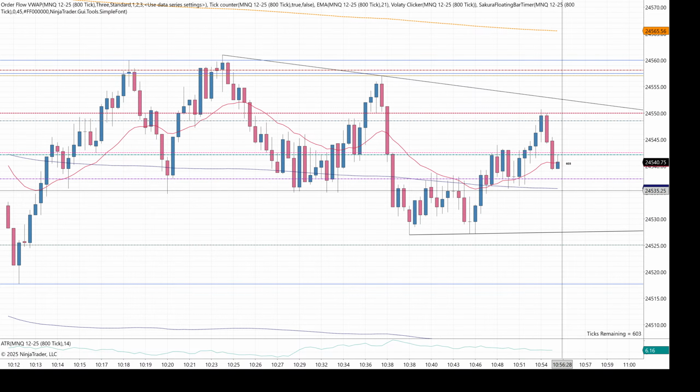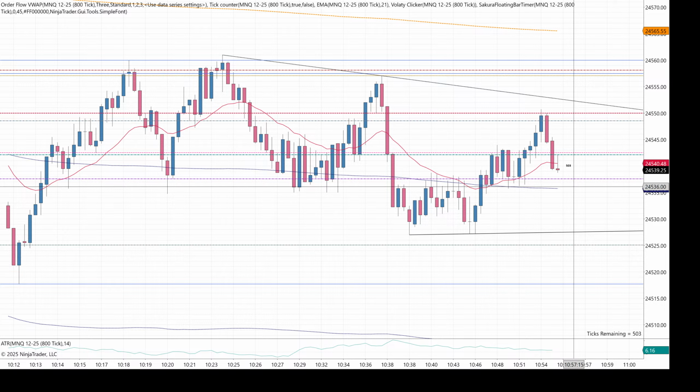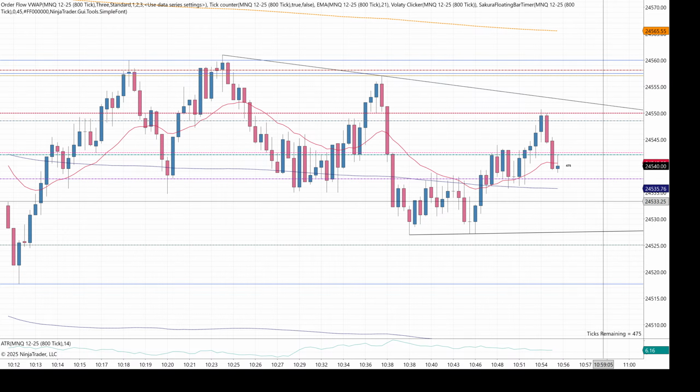Won't take this bearish. We have a standard deviation level here. So, if triggered bearish, we'll keep track of it.